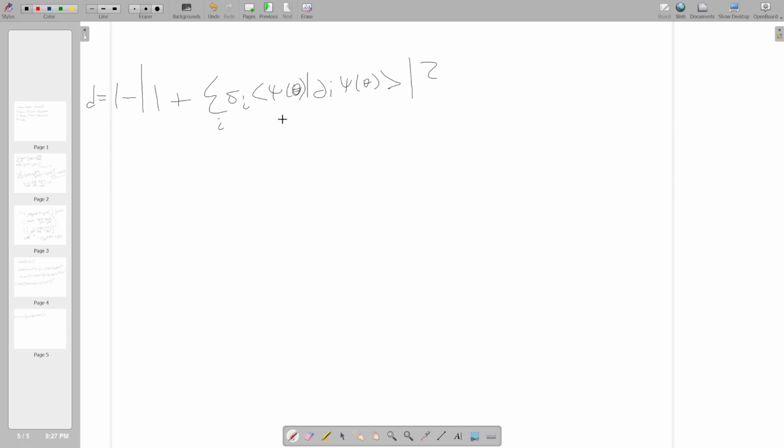And so if we square this, we have 1 minus 1 plus, in this case, we have this term.